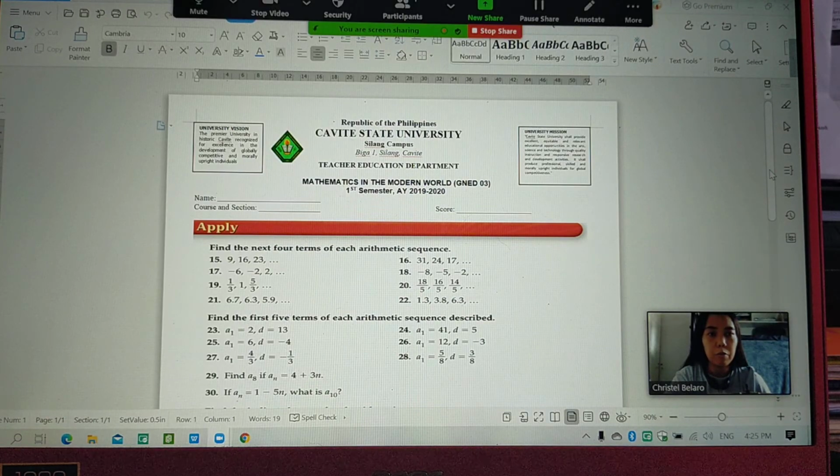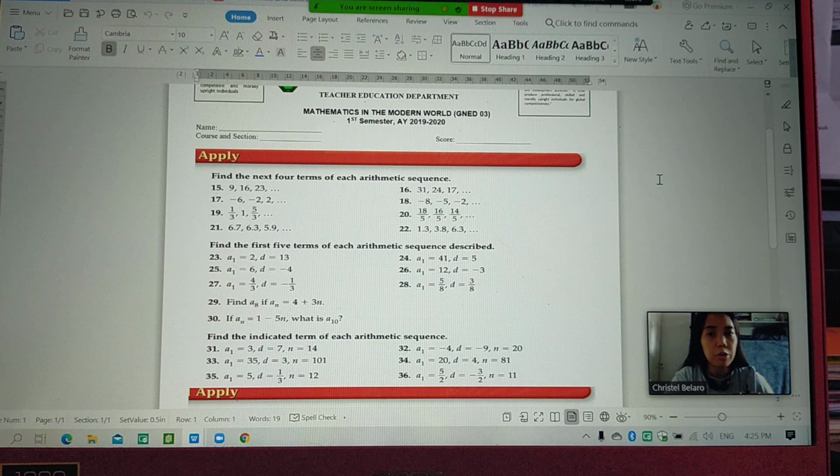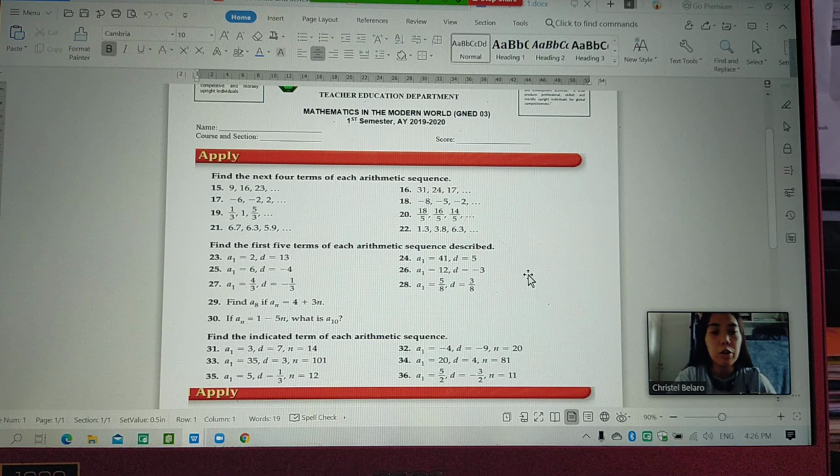You're going to answer this activity. Find the next 4 terms of each arithmetic sequence. Only even numbers: 16, 18, 20, 22, and then 24, 26, 28, 30. Find the first 5 terms of each arithmetic sequence described. After that, we're going to check. Then we're going to continue our lesson about arithmetic sequence.